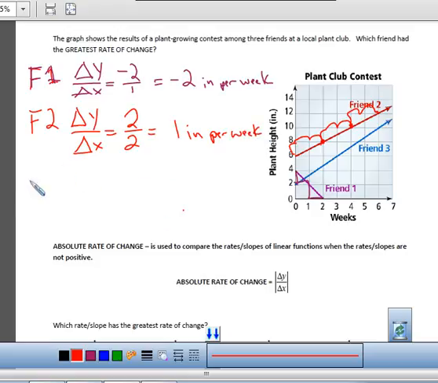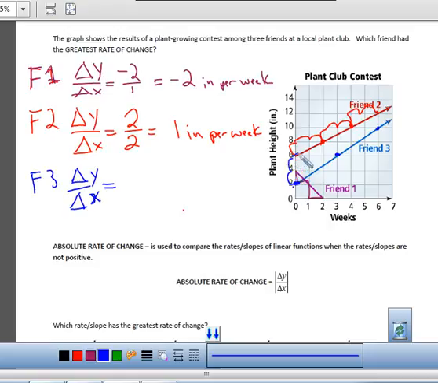And then the last one is friend 3. And change in y over change in x for this one. So this is going from this point to this point to this point. So we're going up 2, which is really 4.